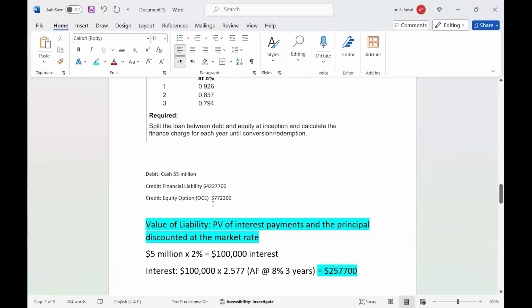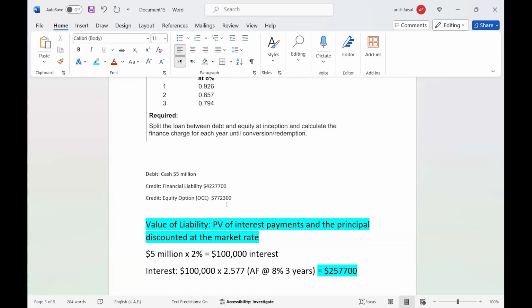Now, this will remain in the other components of equity till the 3 years, until it's decided whether the note will be converted into shares, or there will be a principal repayment. Okay, so by that time it will remain in the other components of equity.